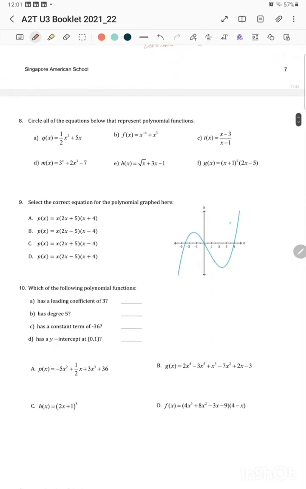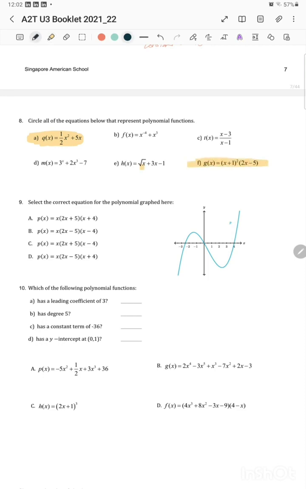Circle all the equations below that represent polynomial functions. So we know polynomial functions do not have square roots. This is not, because of -4. This is not a polynomial function because no polynomial should be there in the denominator, because no exponent 1/2 should be there. So this is again a polynomial function.